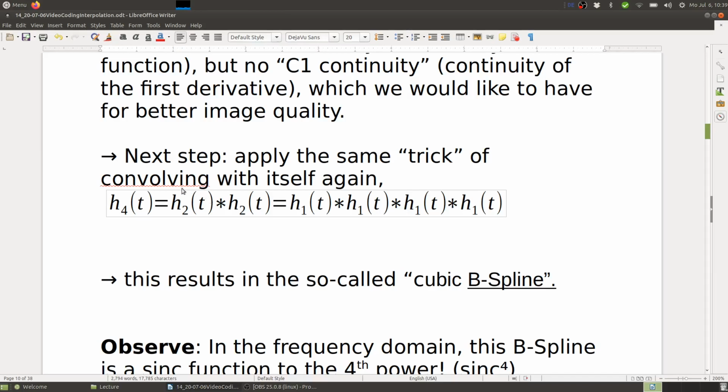So we take the triangle function and convolve it with itself, which in effect is a 4-times convolution of the box function h1. Right, and this is what we call h4.